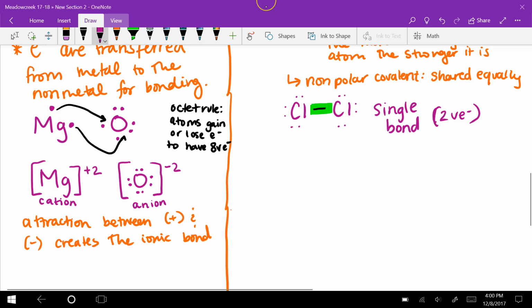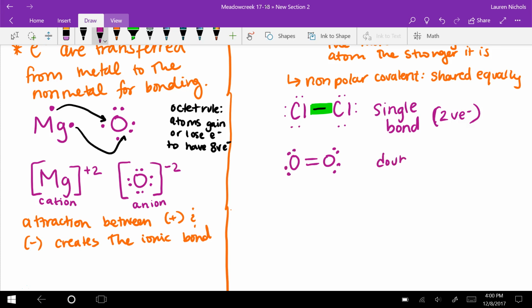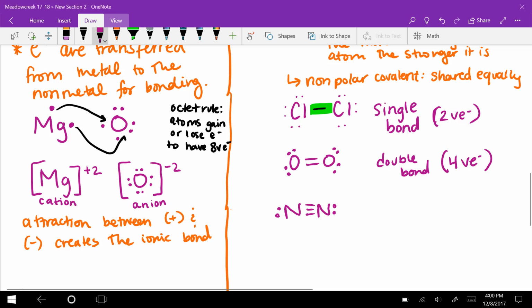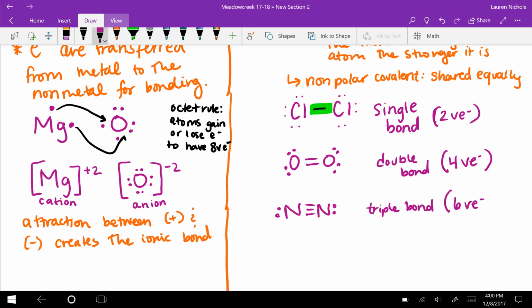Now something like oxygen, again a diatomic gas, has what we call a double bond in the center, connecting the 2 atoms, and it has 4 valence electrons. Nitrogen, again a diatomic molecule, has 3 bonds in the center, which are triple bonds, and it has 6 valence electrons.